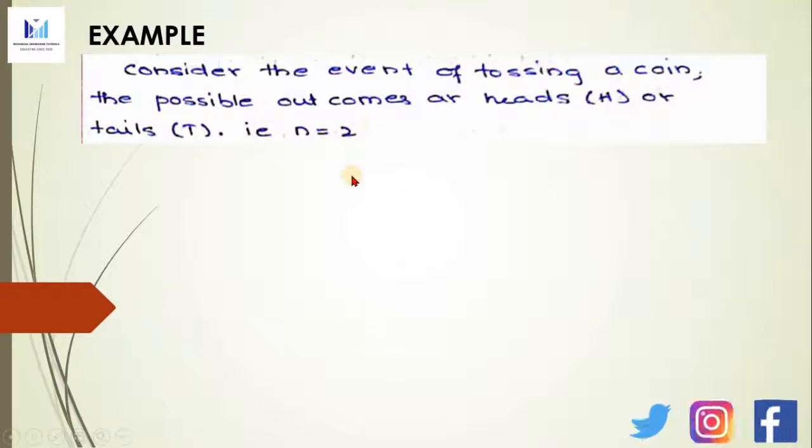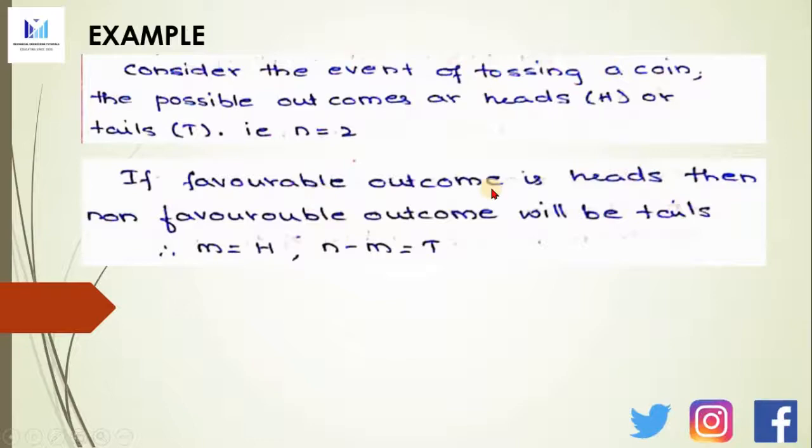So here n will be equal to 2. If the favorable outcome is heads, then the non-favorable outcome will be the opposite of heads, that is tails. So the favorable outcome m will be equal to h, and the non-favorable outcome, that is n minus m, will be equal to t, that is tails.